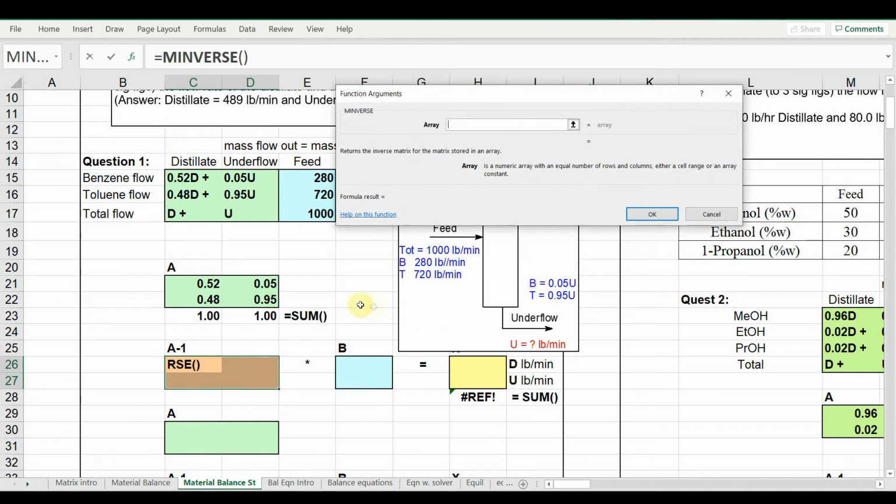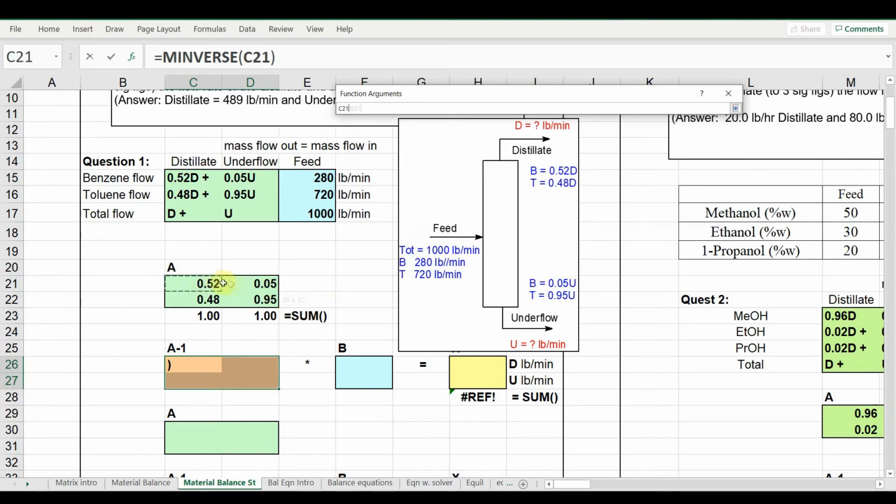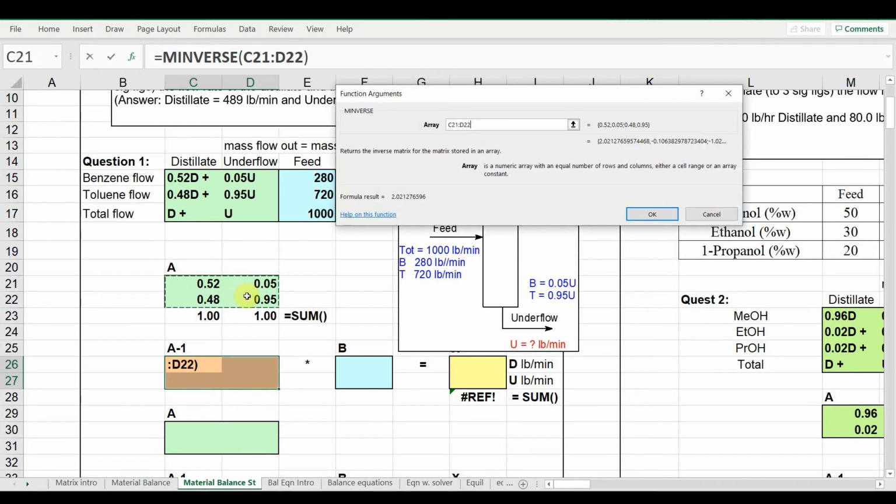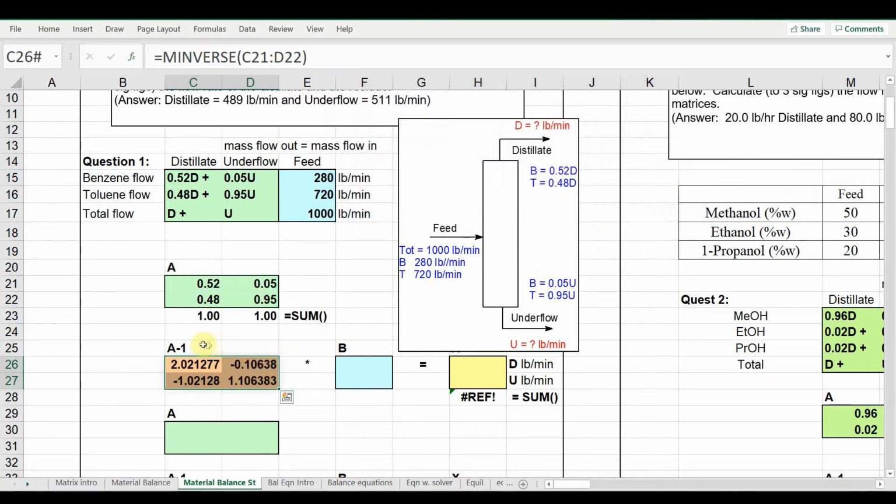Now just drag over the array of the matrix of the coefficients of the variables and say OK. This A minus 1 is the inverse matrix. We'll multiply this by the matrix of the constants. That'll be the first two values that correspond to the first two equations, 280 and 720. And the sum of these should in fact be 1,000.